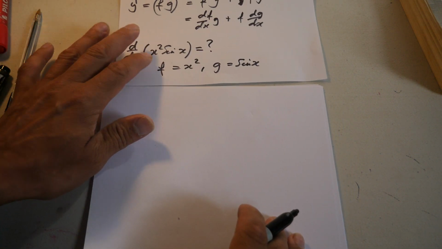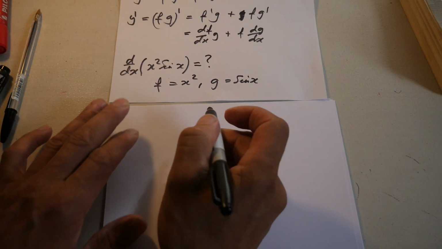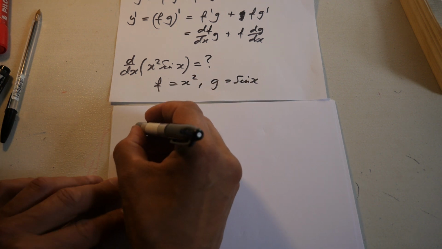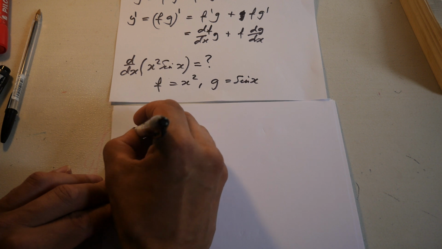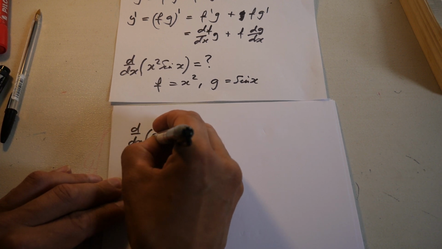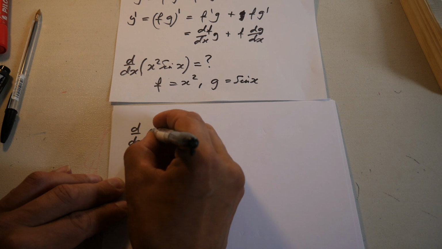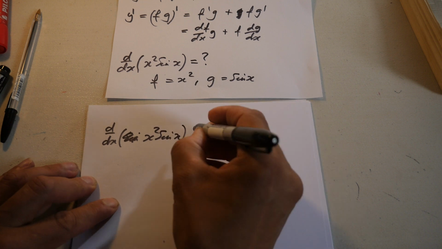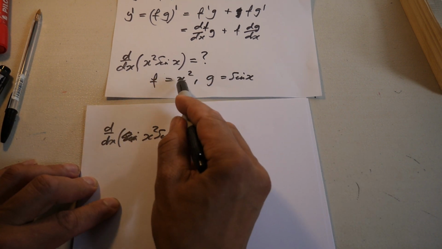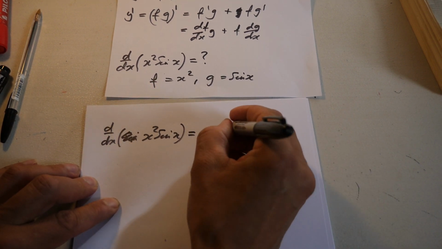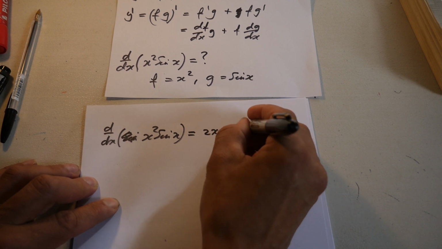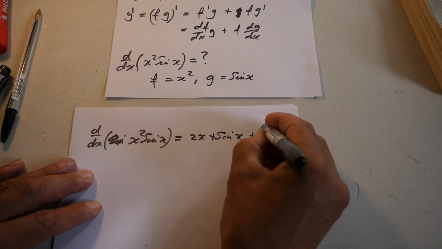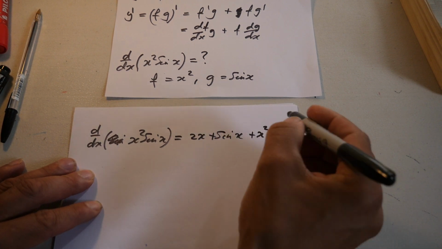So, as I said, f equals x squared, g equals sine x, so that equals the derivative of this is 2x times sine x, and then plus x squared times the derivative of sine x, which is cos x.